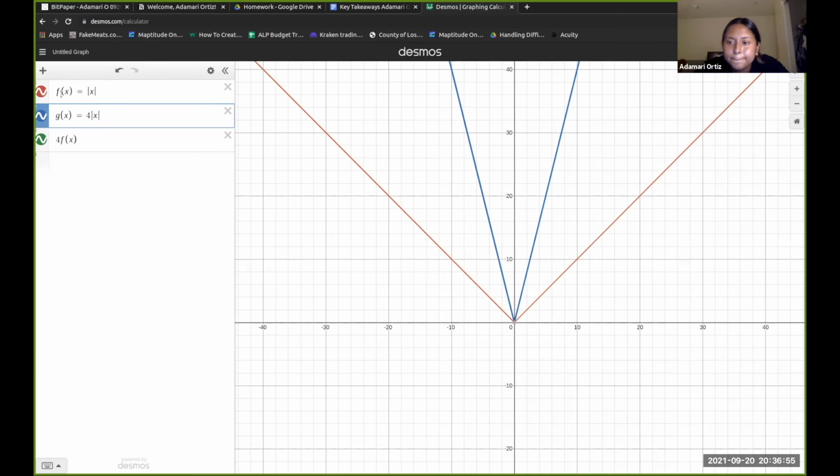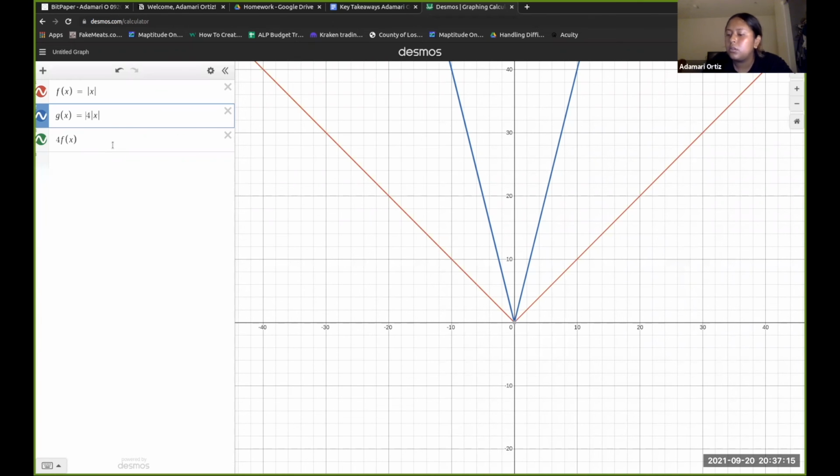So we can substitute this in to get 4 times f(x). And because the 4 is multiplying the entire function, you're stretching the entire function that you start with by a factor of 4.